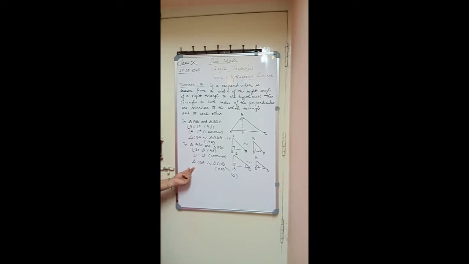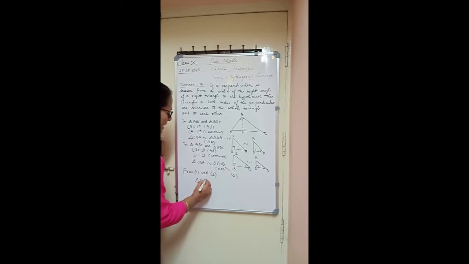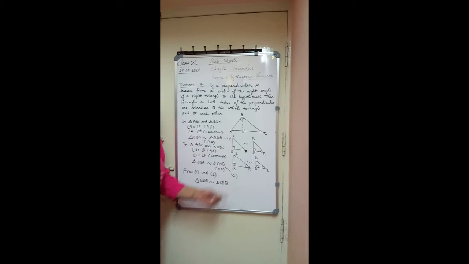This triangle CBA is also similar to triangle CDB. From 1 and 2, we will come to know that triangle BDA is similar to triangle CDB. Therefore these two triangles are similar.